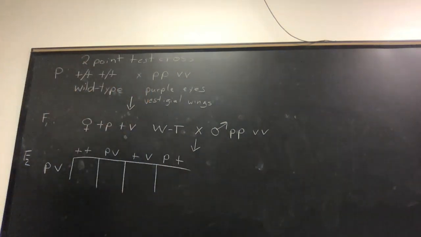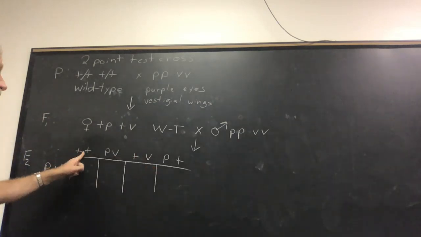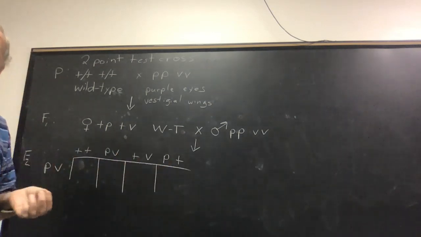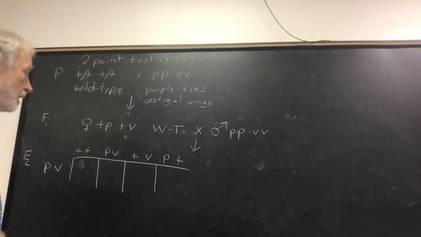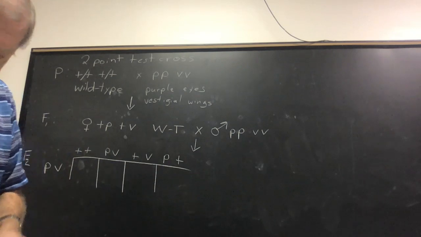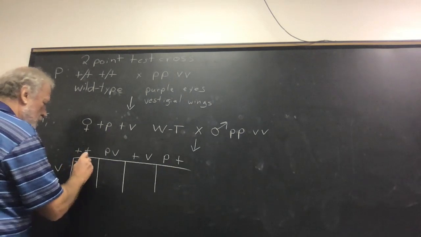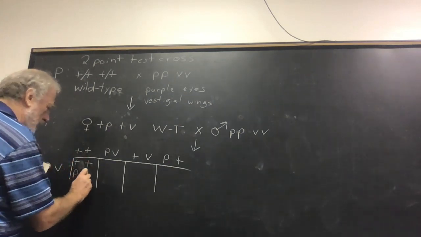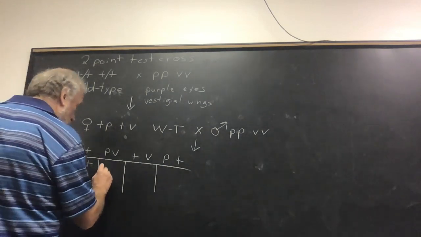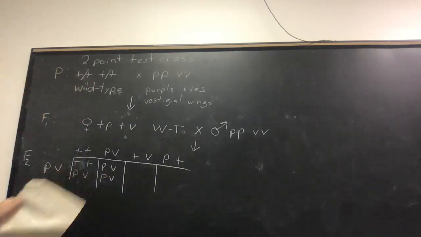The female, being a heterozygous dihybrid, will produce 4 types of gametes: wild type, purple vestigial, vestigial, and purple. They won't all be in the same numbers because we're dealing with linkage here, so parentals will be in high numbers, recombinants in low numbers. Let's see what's in each group. In this box, we've got wild type offspring. This box, purple vestigial offspring.